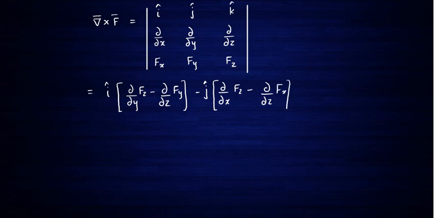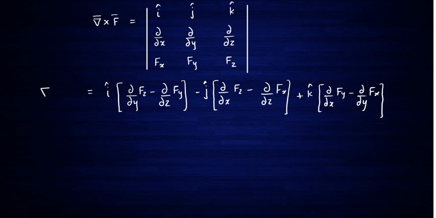This is the meaning of the determinant. Determinant is a shorthand for writing this expression. Plus k cap, dou by dou x of fy minus dou by dou y of fx. So this expression happens to be the curl of F. This is an operator which operates upon F to give a new vector quantity called the curl of F.